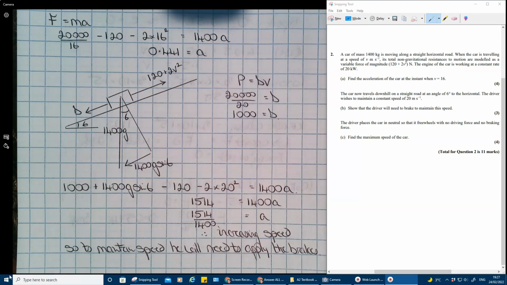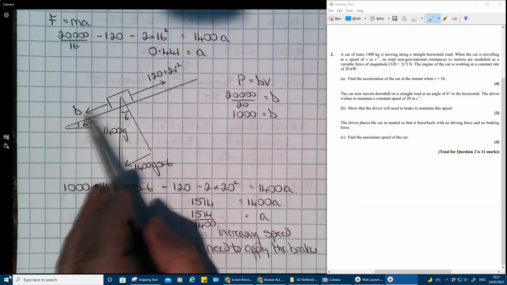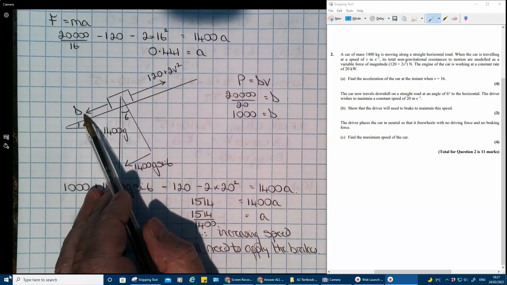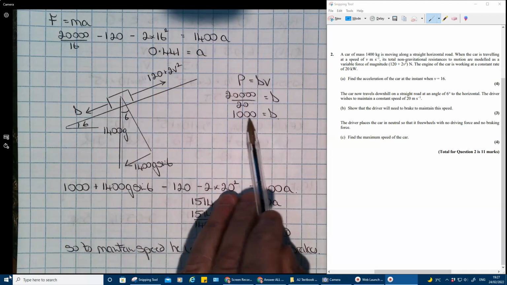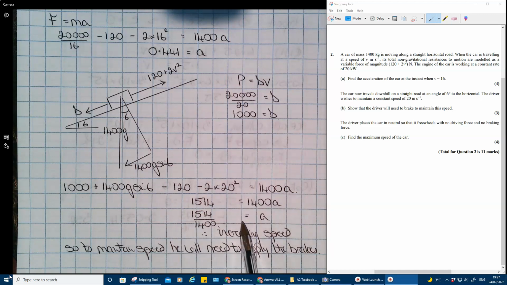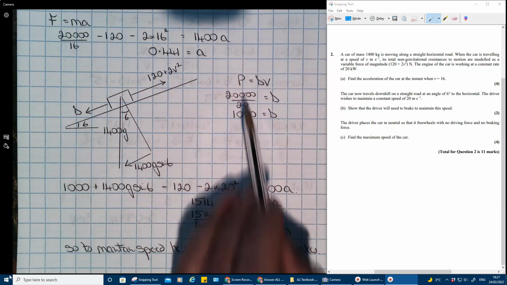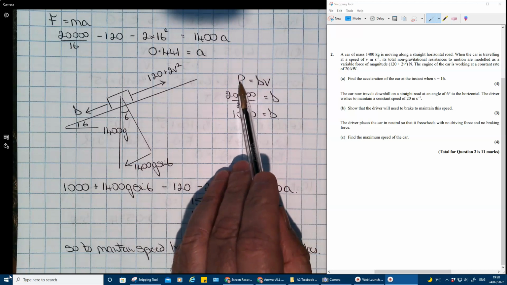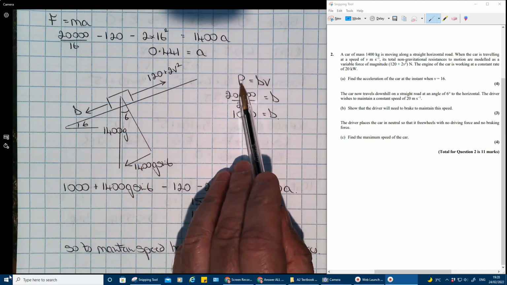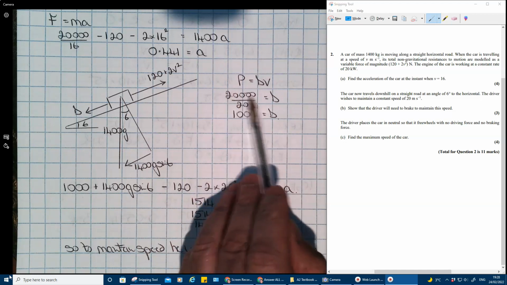Okay, this is a little bit odd question, because I feel there's a driving force here, so clearly the engine's working and the engine's pushing him forwards with a force of 1,000, and to overcome that he's going to put the brakes on. But this is only because you're told at the beginning that the engine's working at a constant rate of 20,000 joules.